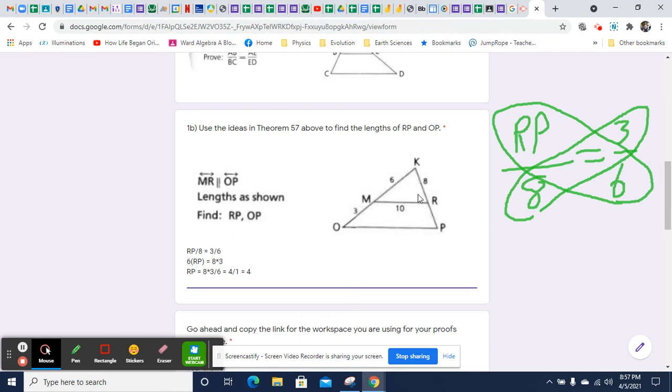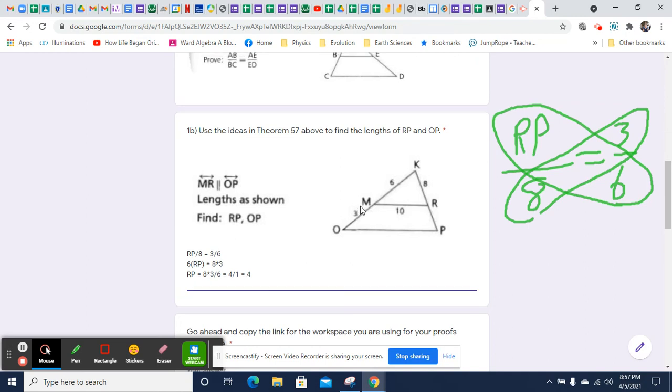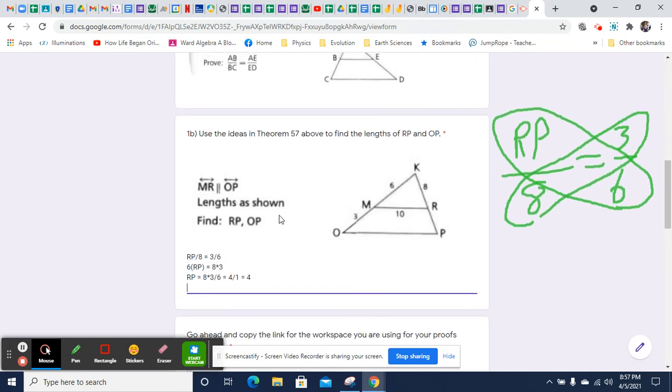And I don't need to bother with the other corresponding angles here because I've already got angle, angle, and angle, angle gets us angle, angle, angle because of the no choice theorem. So OP is to 10 as 9 is to 6.